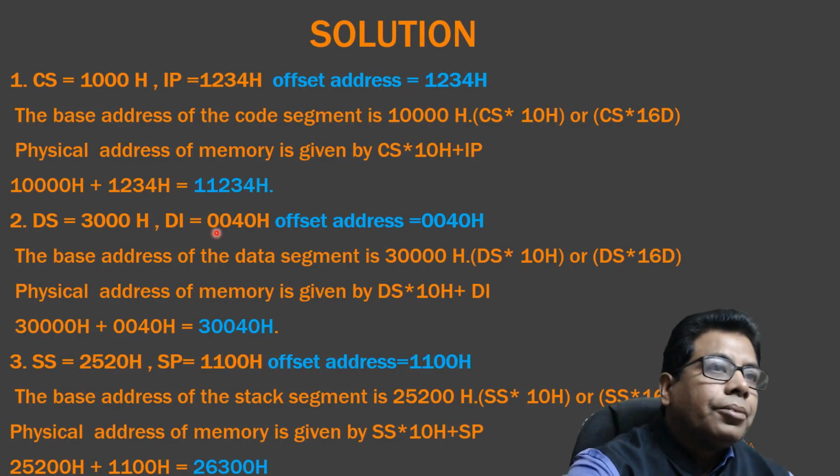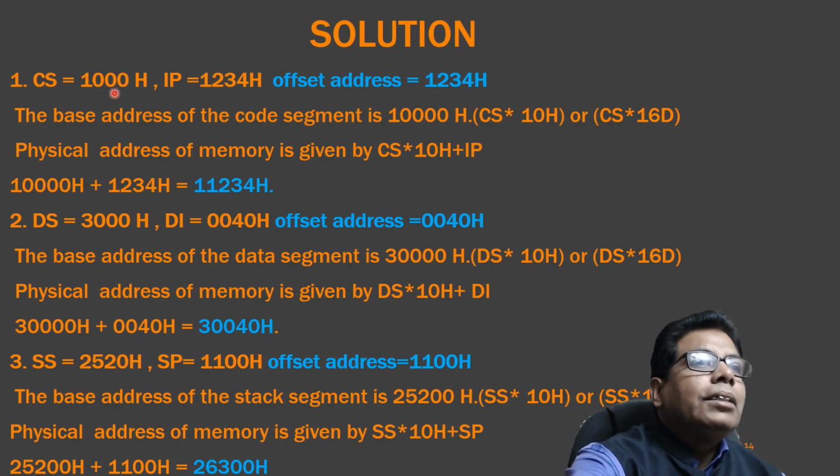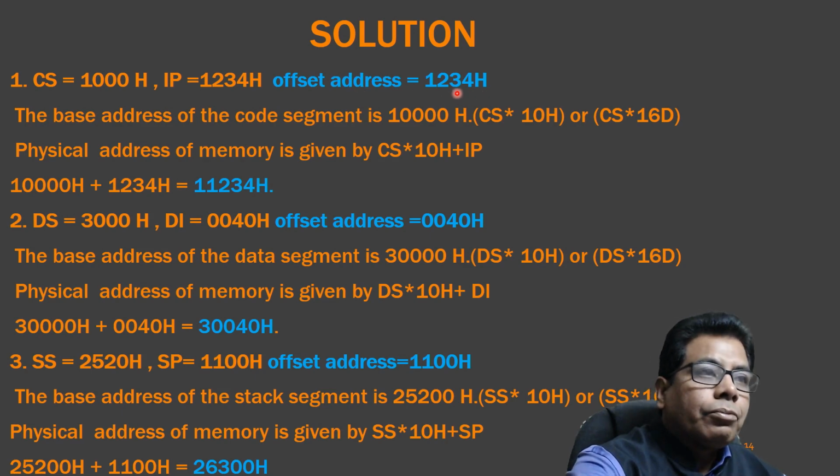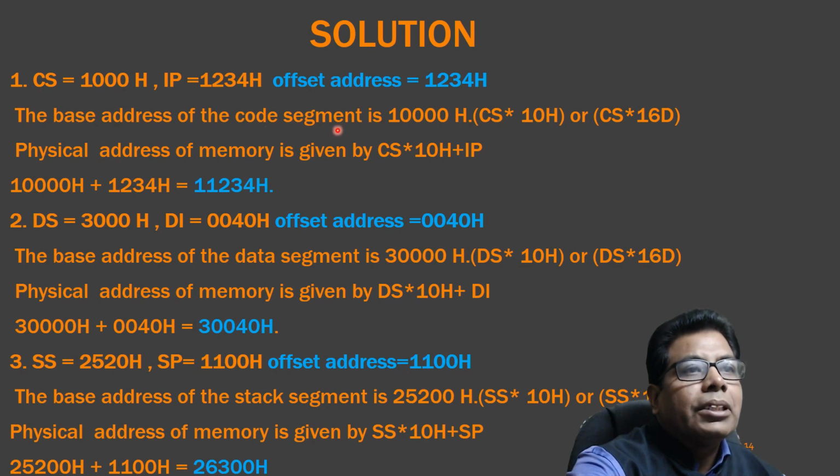Now first, CS is given as 1000H, IP is given as 1234H. So the offset address will be 1234H. Now for the base address of the code segment, it will be 10000. 0 is appended here. So CS multiplied by 10 hexadecimal or CS multiplied by 16 decimal.